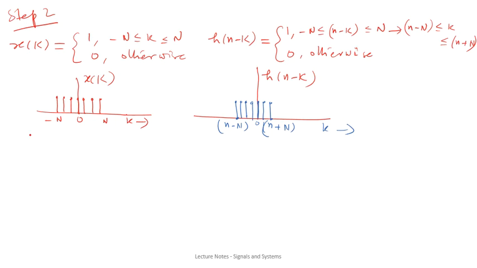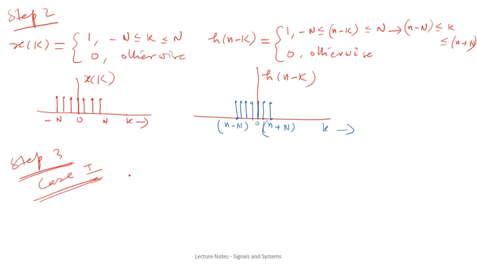Now in the third step you have to perform the summations to find y[n], that is the output, for all the values of n. Obviously in this there will be different cases, like we did in the convolution integral problems for the continuous time case.